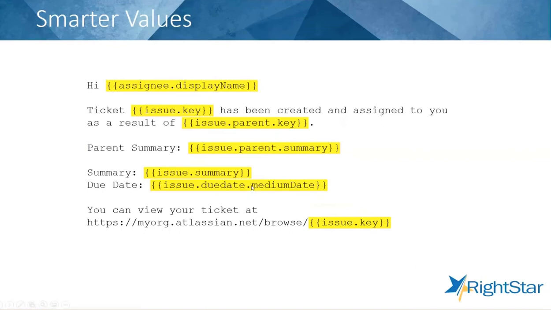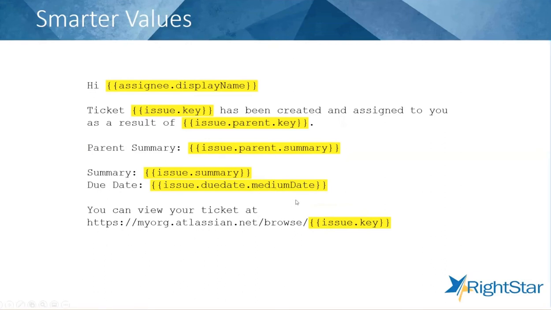I can have a short date, which is just month/day/year. I can have a long date, which is spelled out all the way. I can have the full date and time. There are many different formats, and they are all documented very nicely on the Automation for Jira webpage. So I highly recommend that you become familiar with that if you're going to get into writing rules.